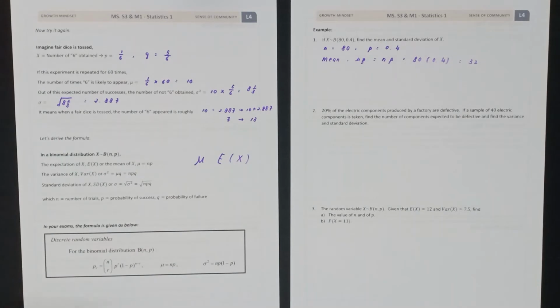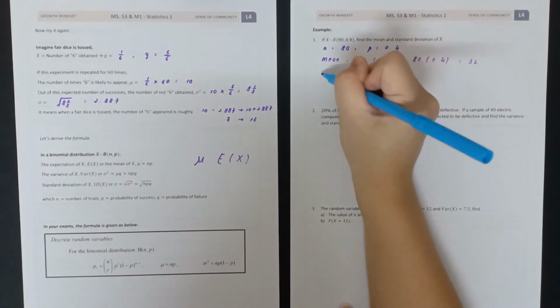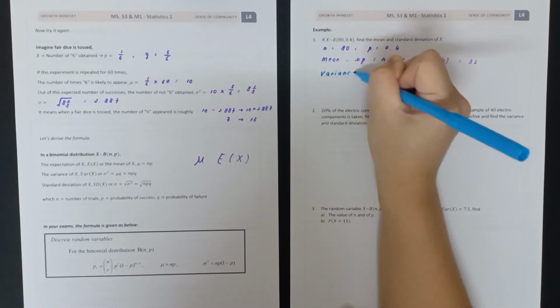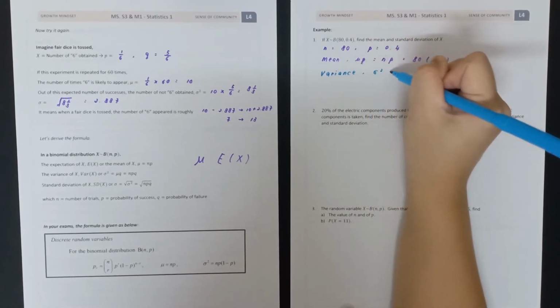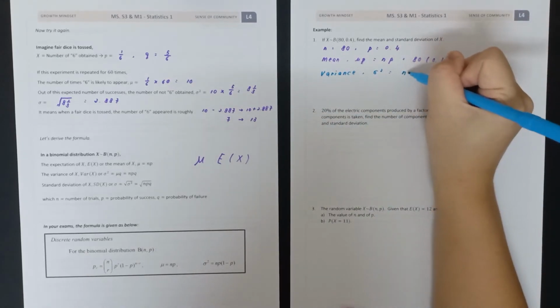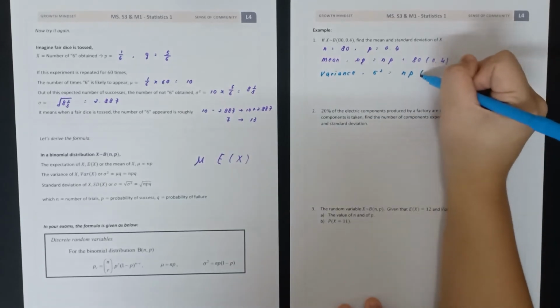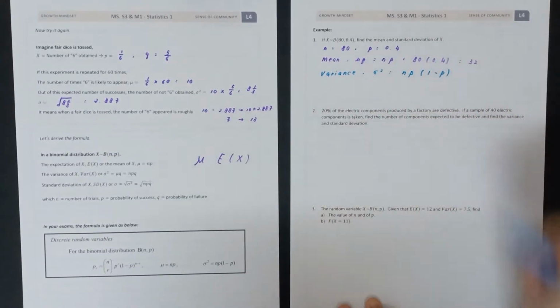Okay, so let's move on to the next one. How to find your standard deviation? You can find the variance first. The variance is going to be npq, or if you want to get yourself familiar with this formula, you can do this also, np times 1 minus p. It's going to be the same thing.